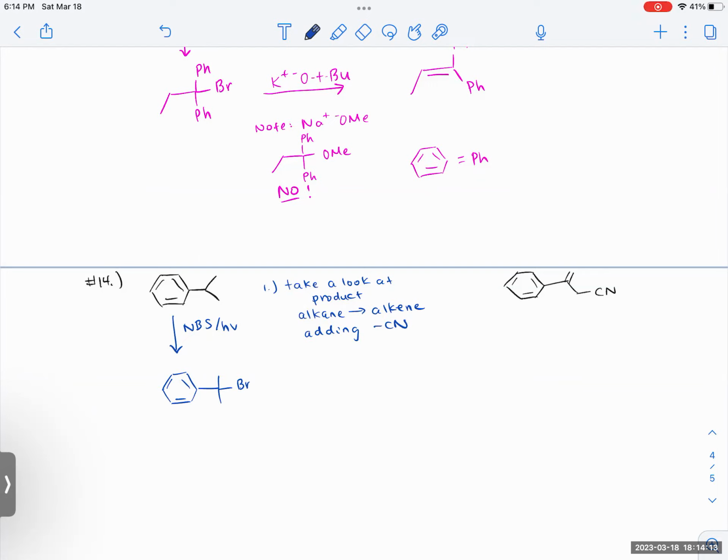Because if we come in here with a bulky base, that's going to pluck the bromine off, and we're going to end up with a double bond on the least substituted carbons, which is going to be right where we need it, basically. So that's what I'm going to do first.